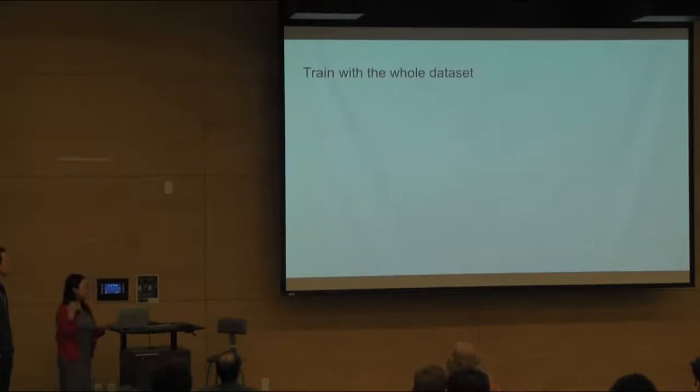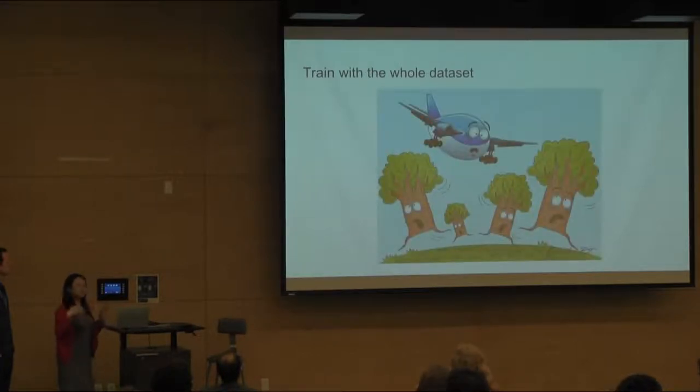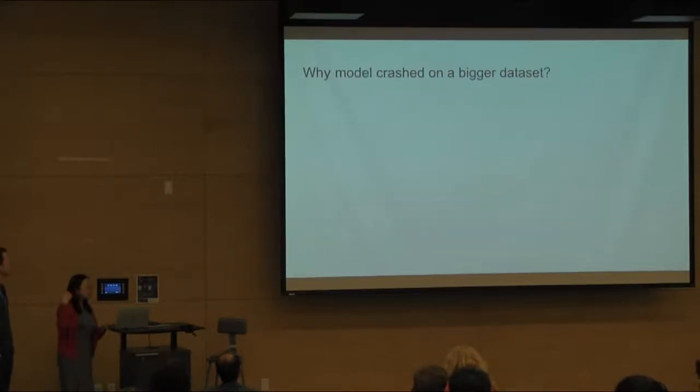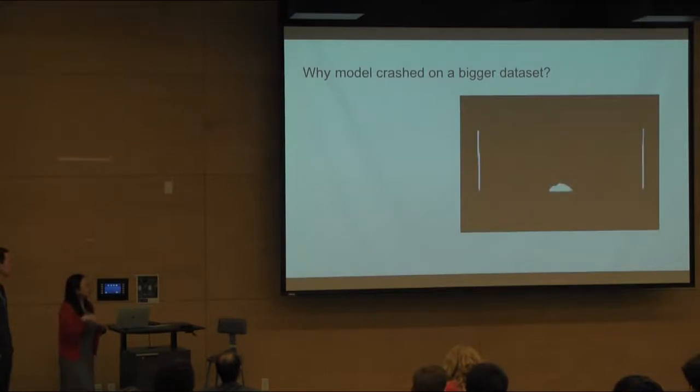And then we train with the whole data set, but we realized that our model crashed. We got a loss of none, which is an infinitely large loss, that the model just doesn't know what to do with. So what might cause the problem? We asked different people, and the major reason we thought is that because these are medical imaging data sets, some of the slices are weird.